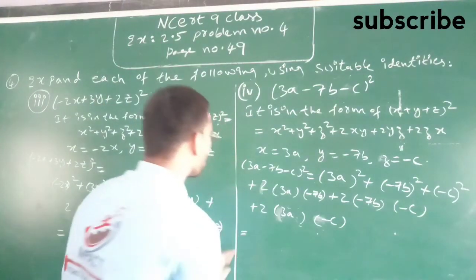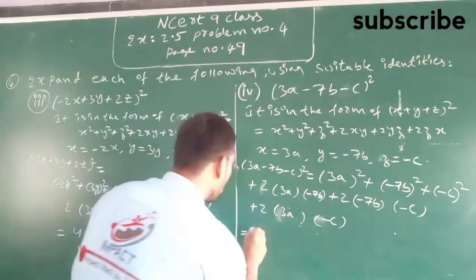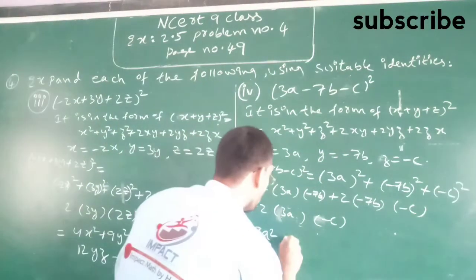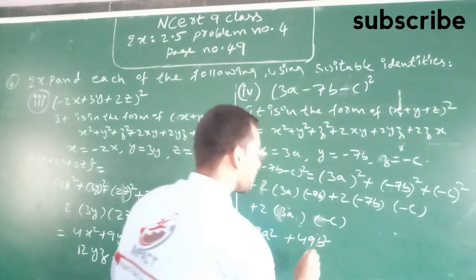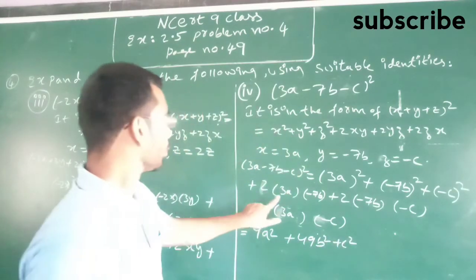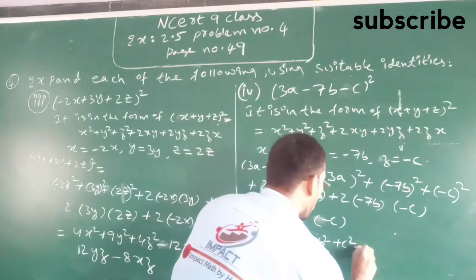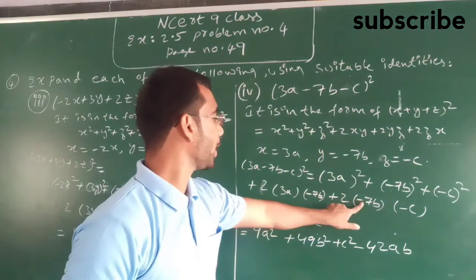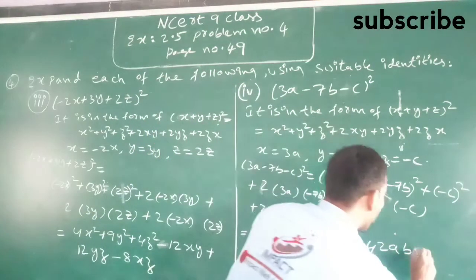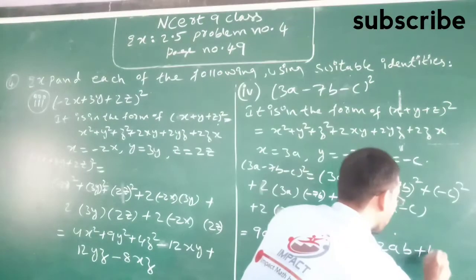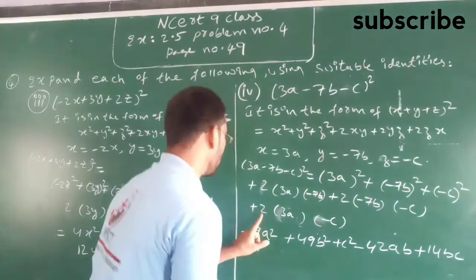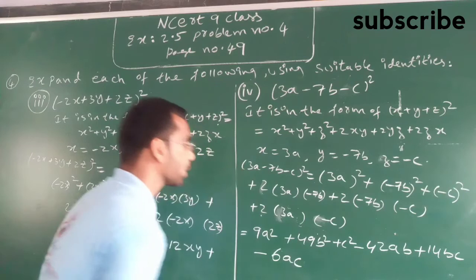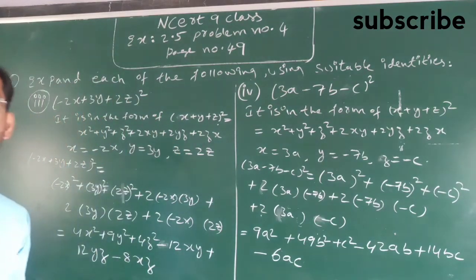Now 3a square is 9a square, minus square is plus, 49b square plus c square. 2 threes are 6, 6 sevens are 42, minus 42ab, plus into minus, minus into minus is plus, 2 sevens are 14bc, then plus into minus, minus 2 threes are 6ac. This is the answer for this fourth question.